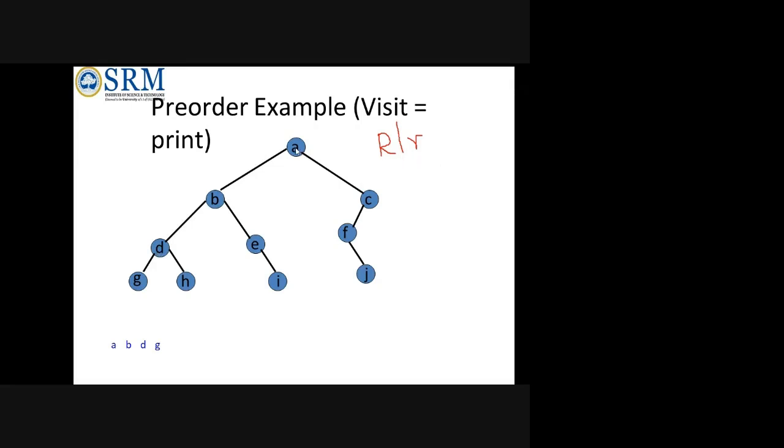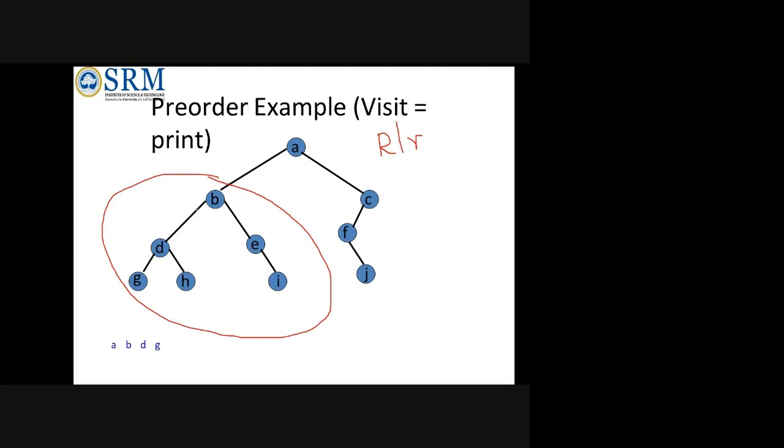So root A, then when it comes to the left, B, it will take it as a left subtree itself. But in this left subtree of A, B is the root. So B will be printed.